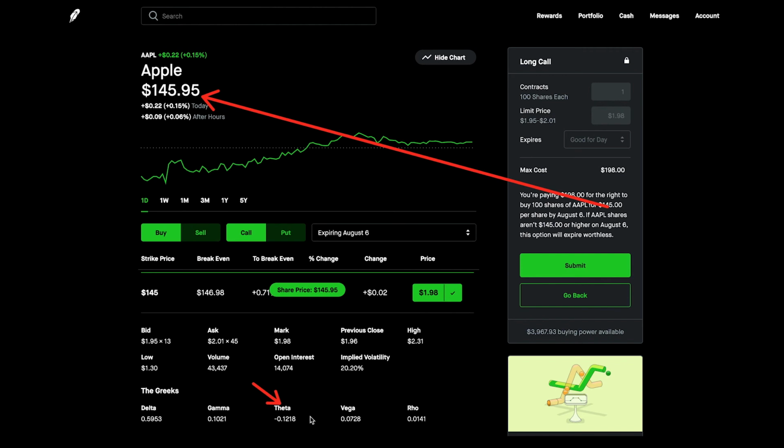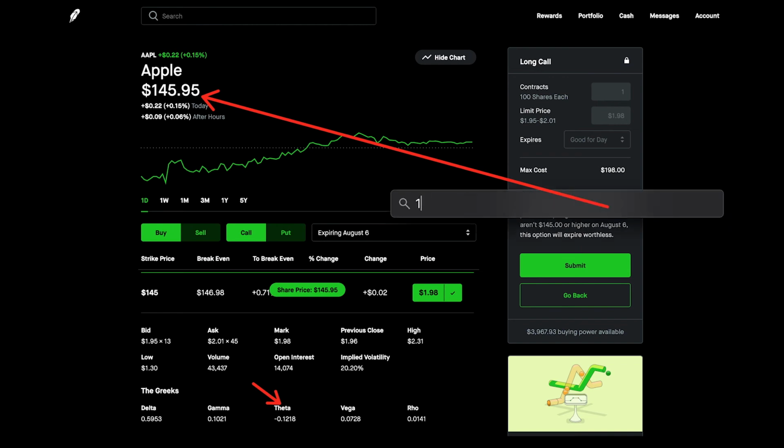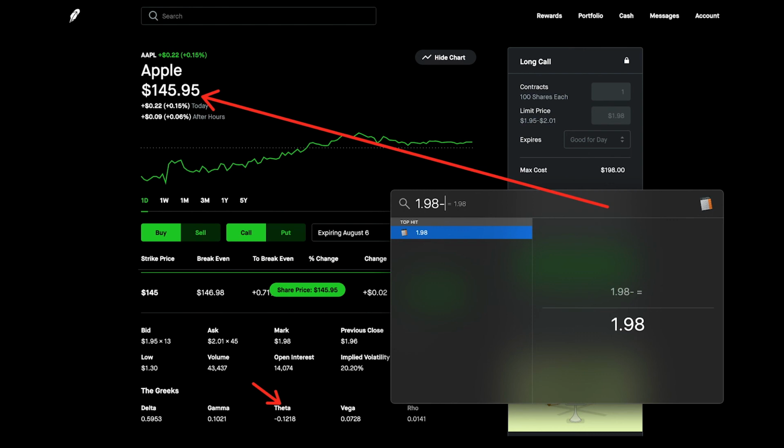So if we look at this options contract right now, and I'll just pull up the calculator, we've got $1.98 minus the option's intrinsic value, 0.95, minus the theta, which is 7 days times 0.12. That leaves about 19 cents of volatility.